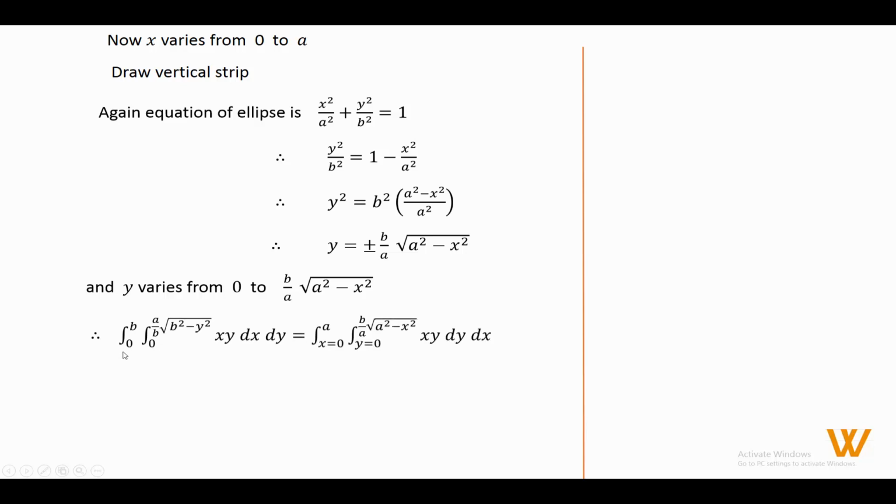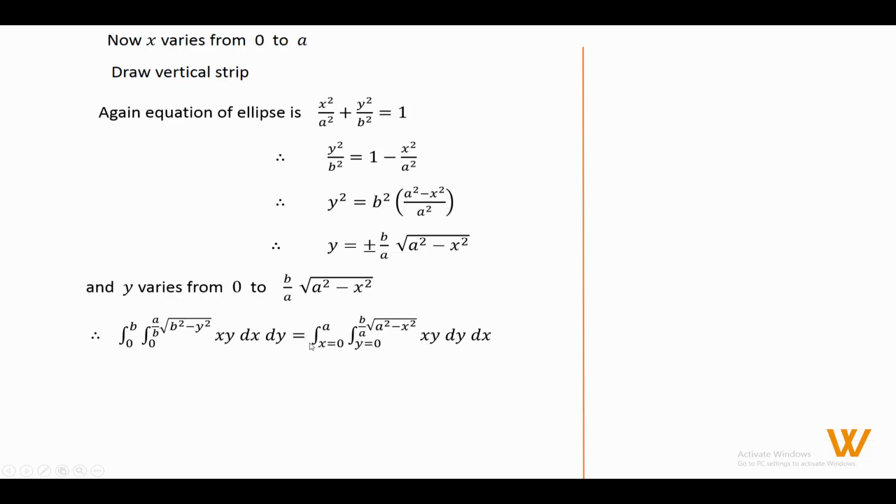And therefore the given integration, limit 0 to b, integration limit 0 to a upon b square root b square minus y square, xy dx dy, is equal to integration x varies from 0 to a, next integration y varies from 0 to b upon a square root a square minus x square, xy dy dx. This is the change of the order of integration.